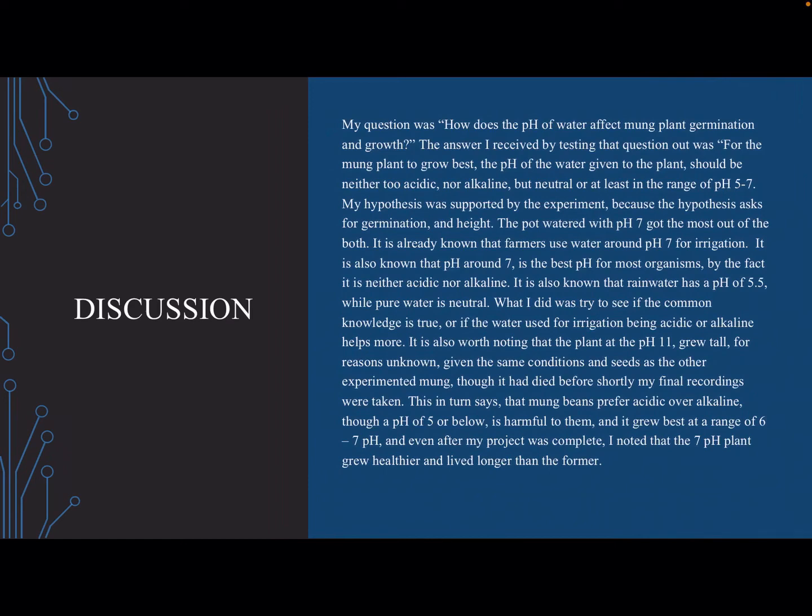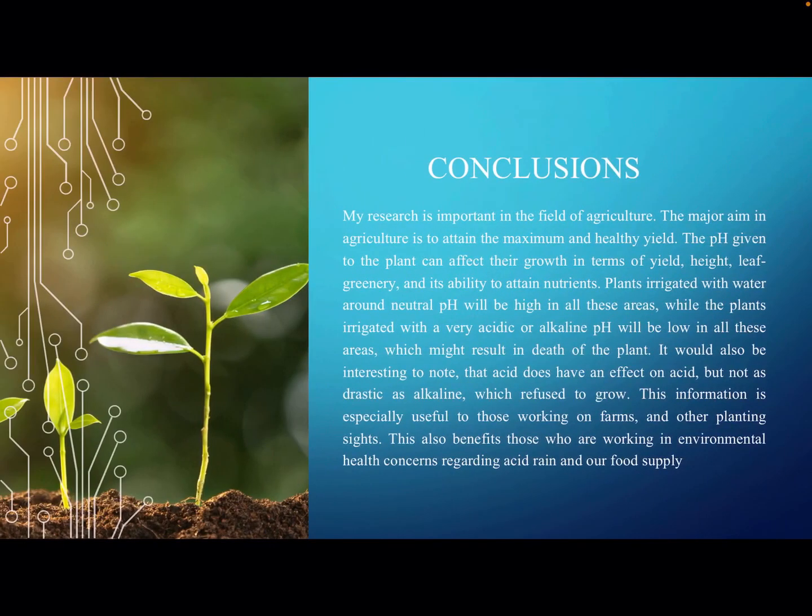Now we have discussed the data, and to conclude, we will say that my hypothesis was correct compared to the research that was done, and in this experiment, I was trying not to see if the pH of 7 actually had a good effect on the plants, but I was trying to see if acidic or alkaline helped more than it was written in the research. So now my hypothesis was proven correct.